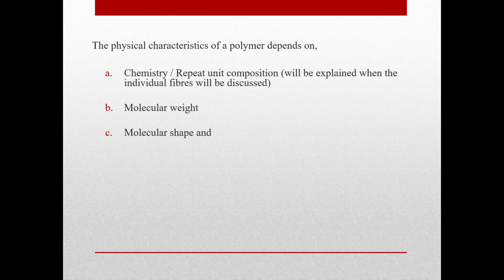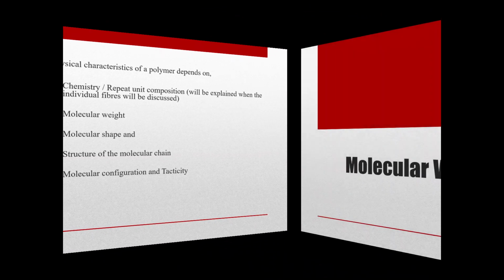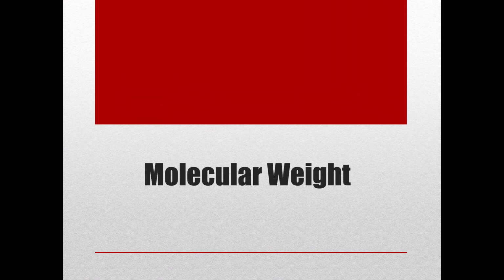Later on we shall also see the molecular shape and structure of the molecular chain, and how they affect the characteristics of a polymer. Also, we shall go into molecular configuration and tacticity as the next important reason how the physical characteristics of a polymer are affected. So let us see what is molecular weight.